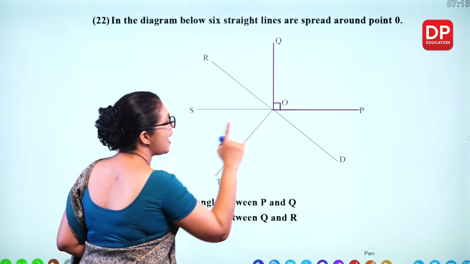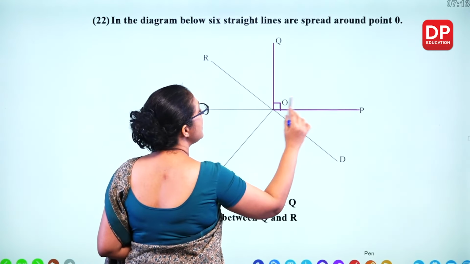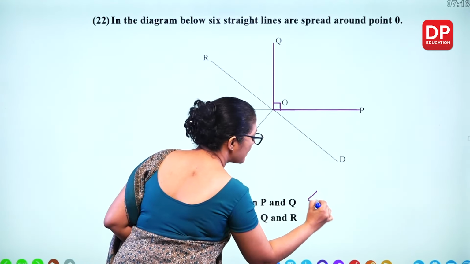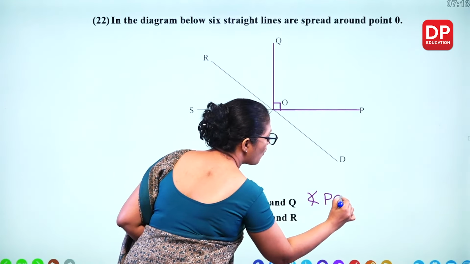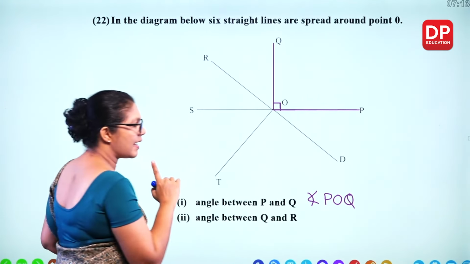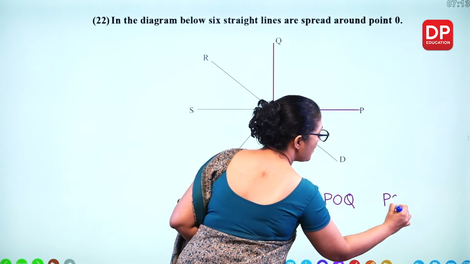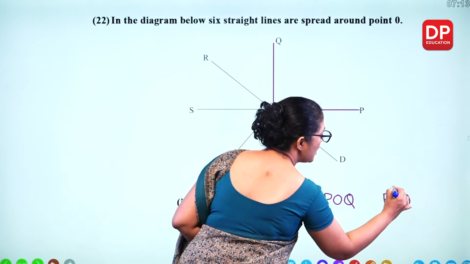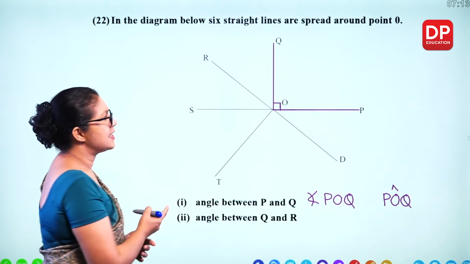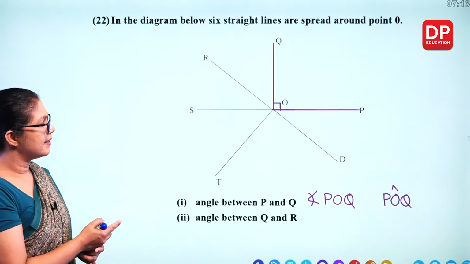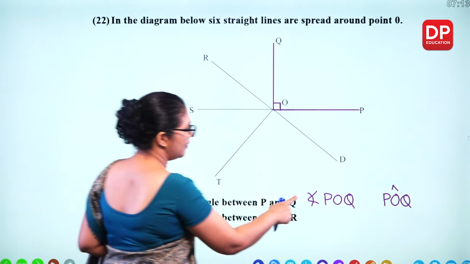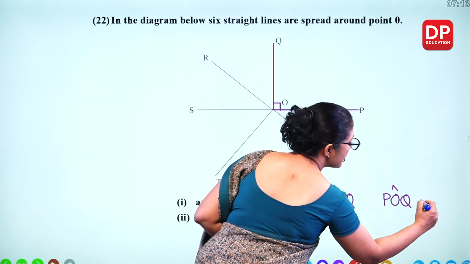We can write the angle as angle POQ, or POQ with a hat like this, representing the angle at O. In this one, that's a right angle.